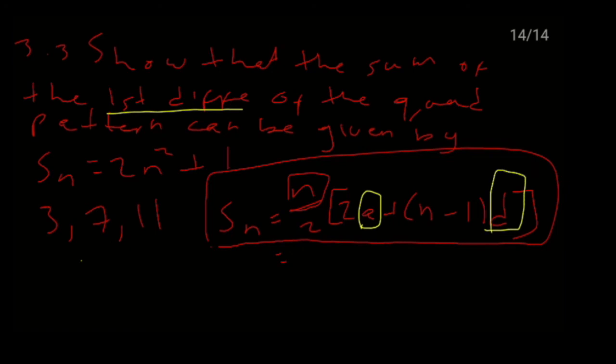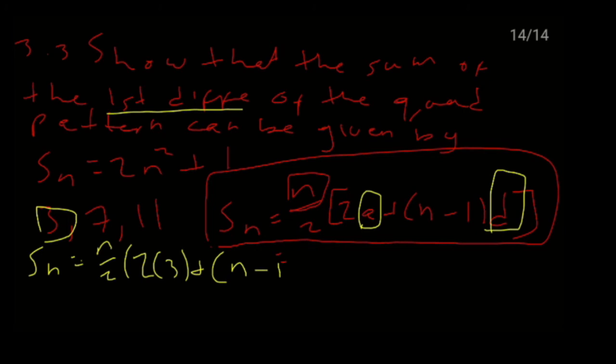So let's write that down: Sn equals n over 2, and then our first term should be 3, meaning you will have 2 times 3 plus n minus 1, close bracket, and then our common difference should be 4, right?